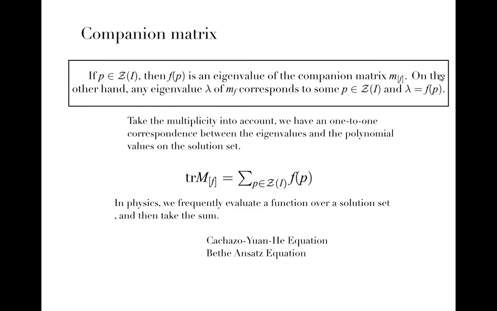On the other side, if you find that M_F has an eigenvalue lambda, then there exists some P in the solution set such that lambda is F(P). So there's a one-to-one correspondence between the eigenvalues of the companion matrix and the polynomial values on the solution set. So then you have a way to detect the solution set.